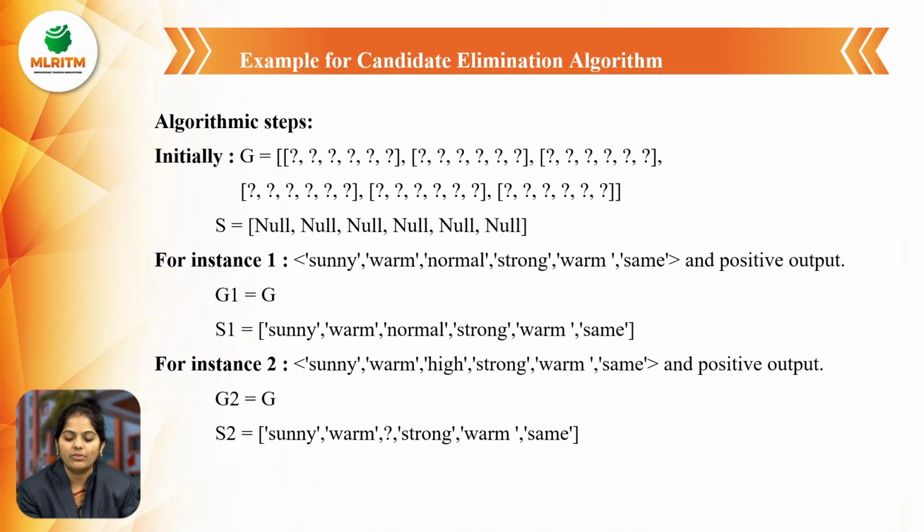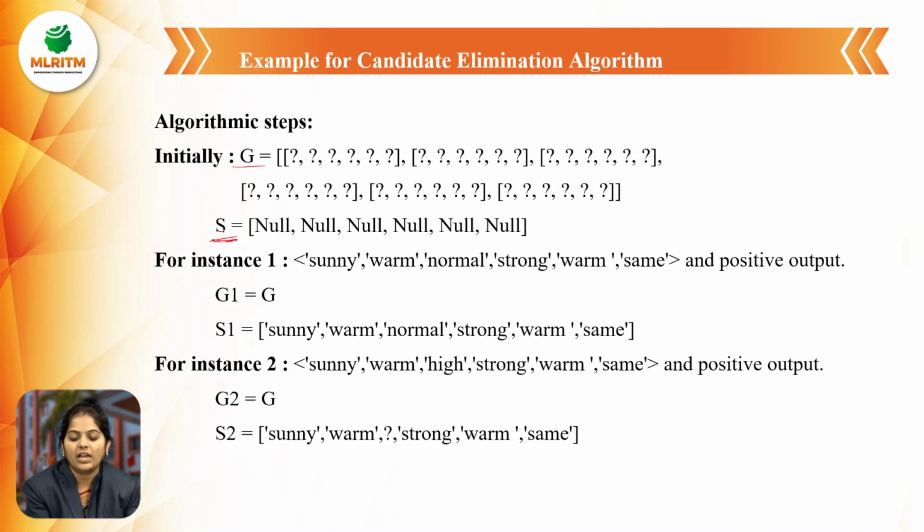So we'll see the algorithm steps here. Initially we'll initialize two things. The first one will be the general hypothesis, and the second one will be the specific hypothesis. In the general hypothesis, we will divide the number of attributes into different sets. When we are comparing 6 attributes, we'll divide into 6 different sets with the 6 attribute values.